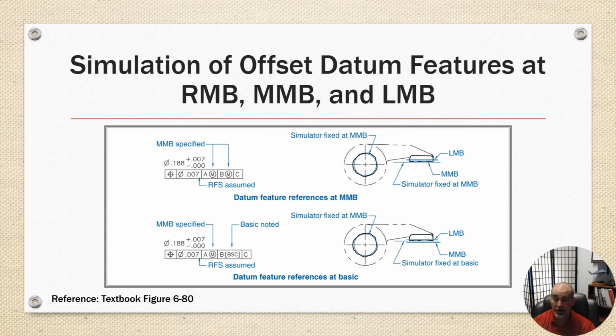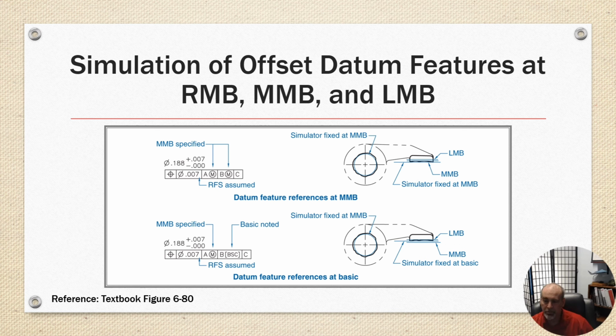Maximum material boundary specified on datums A and B, and regardless of feature size for the actual component, the feature is assumed. So the simulator is fixed at maximum material boundary. When it's at maximum material boundary, then you don't have any more rotation than the difference between MMB and LMB.